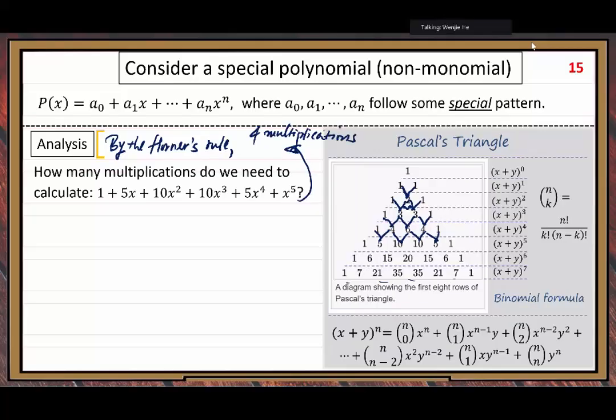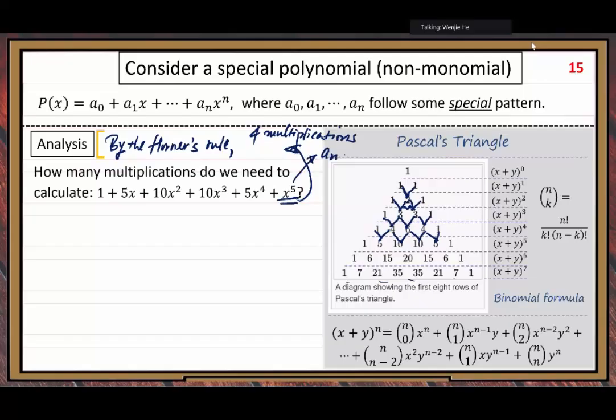Not 5, okay? Although the degree is 5, if you look at Horner's rule, the last multiplication we do not need to do, because the leading coefficient is 1. The last multiplication is an times x, right? An is 1. So the reason we need a 4, not a 5, is the last term.